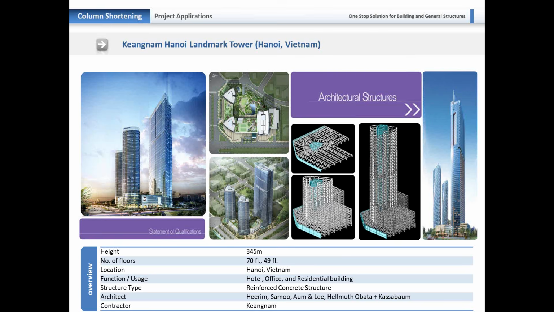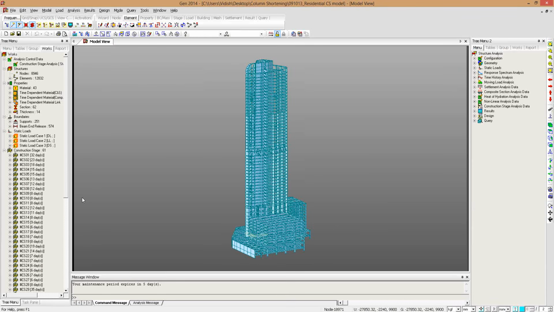Let me show you this particular tower. Here is the 70-story tower. Once again, the same sort of construction methodology was used. We start off at the base, and we simply work our way up.